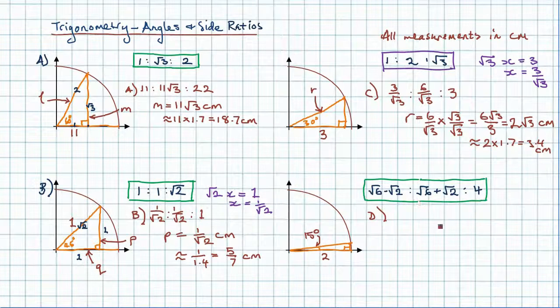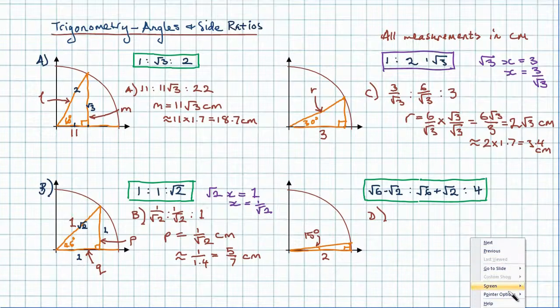The numbers are going to be more tricky, but basically the idea is exactly the same. We're going to be saying, well, what's happened to that 2 from our base angle, if you like, which is going to be this middle one here. Okay, so not the shortest side, which is this, not the longest side, which is this, but this, which is root 6 plus root 2. Well, what's happened is it's been multiplied by something.